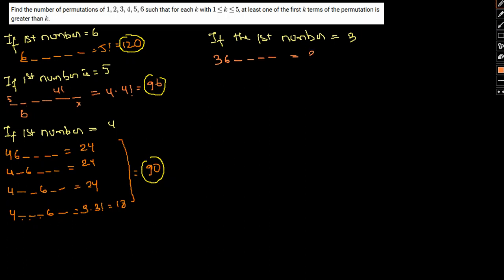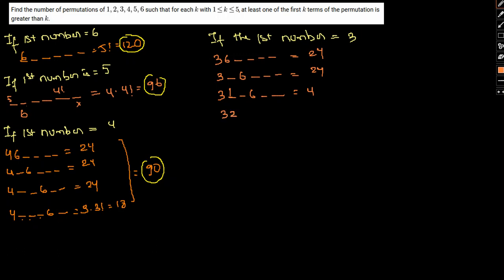This can be done in 24 ways, similar to 4. Then 3, dash, 6, again in 24 ways. Similarly, here we'll place 1 over here, and this can be done in 4 ways.